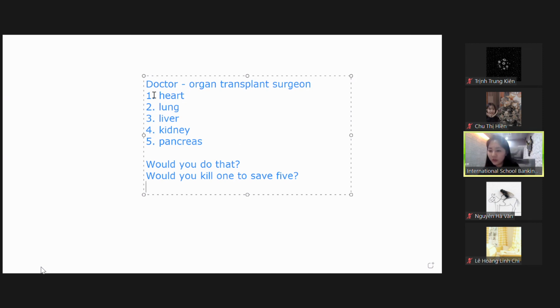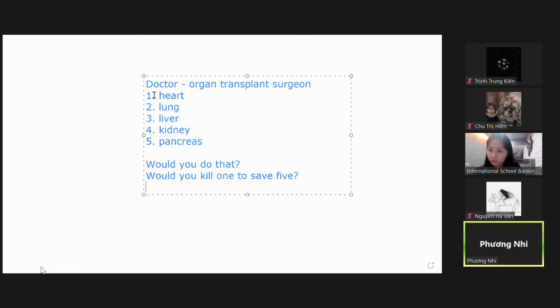Okay, anybody want to share their opinion? I guess people have equal rights, so we should not sacrifice one to save the other 5, because we should not use human beings as a means to save others.